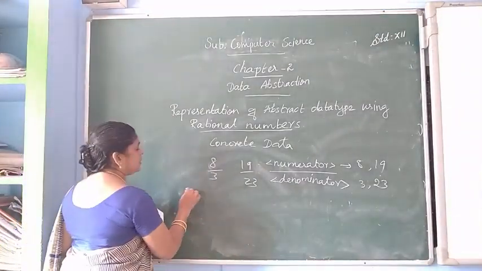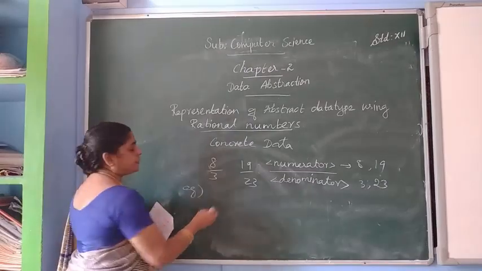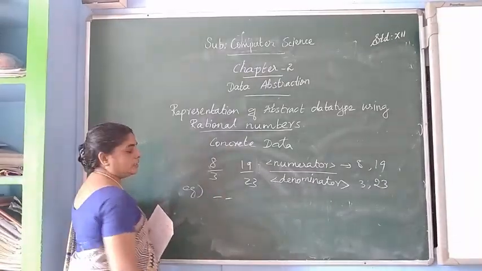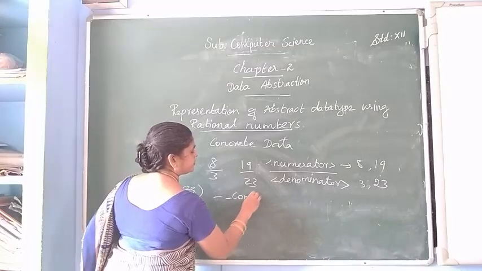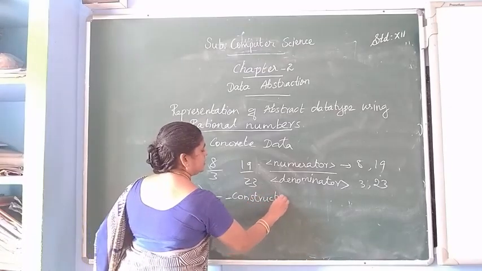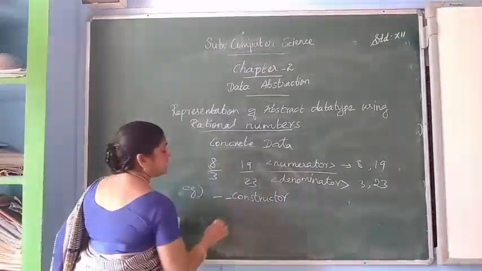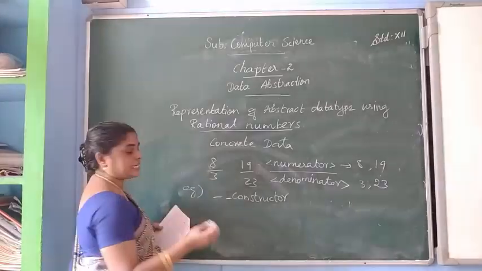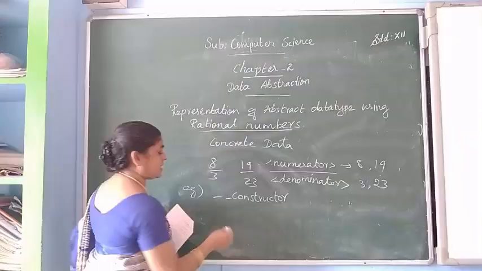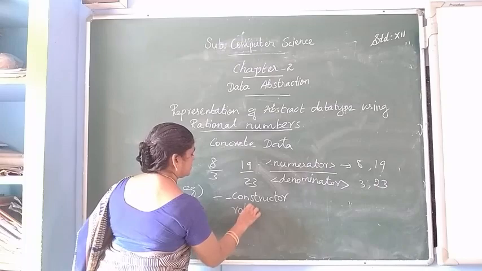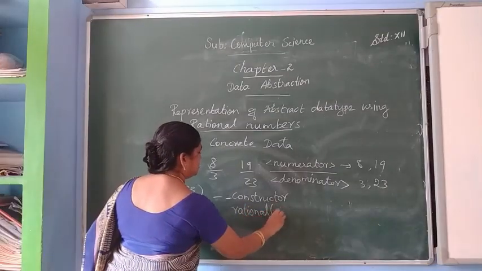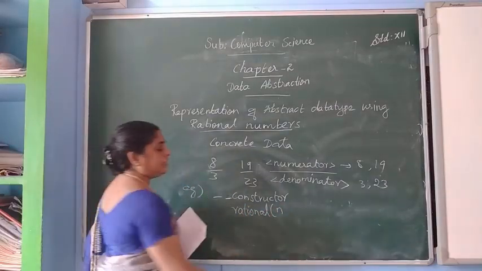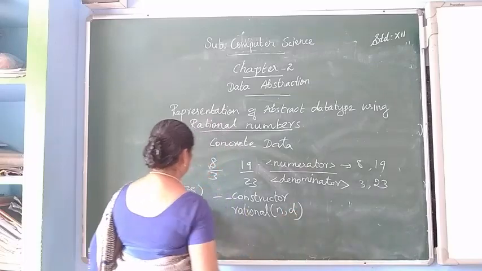Here is one example, one program: the double underscore constructor. Then we are using a function, and the function name is rational. Here we give two values, numerator and denominator.